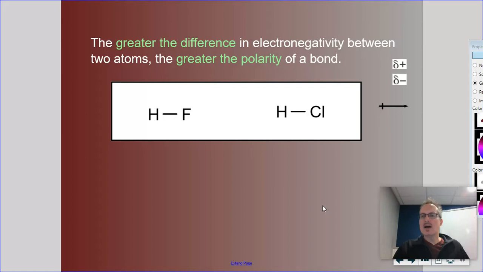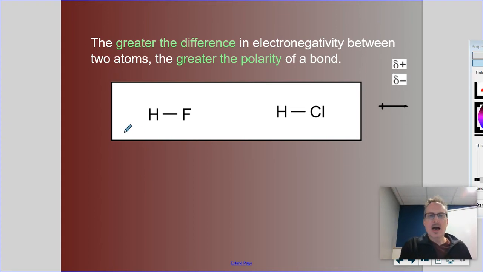Well, when we look up their values, we will see that hydrogen is still 2.2 on both of these. However, fluorine is 4.0 on this one, and chlorine is 3.2 on this one.